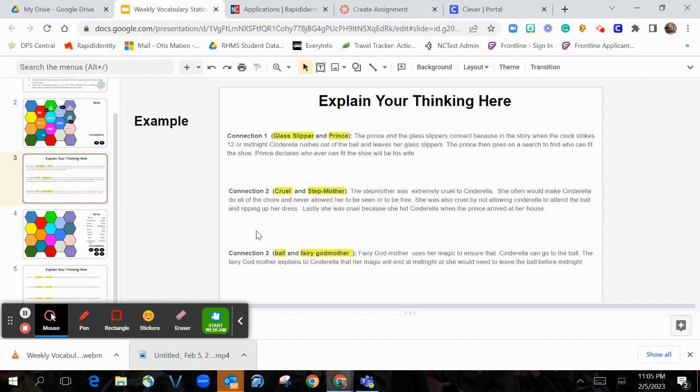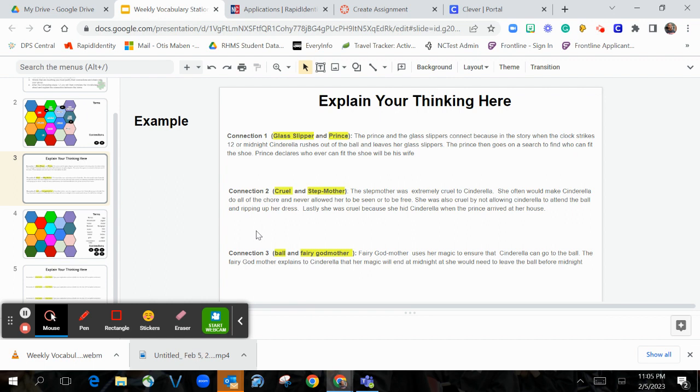The stepmother was extremely cruel to Cinderella. She often would make Cinderella do all of the chores and never allow her to be seen or to be free. She was also cruel by not allowing Cinderella to attend the ball and ripping up her dress. Lastly, she was cruel because she hid Cinderella when the prince arrived at the house.